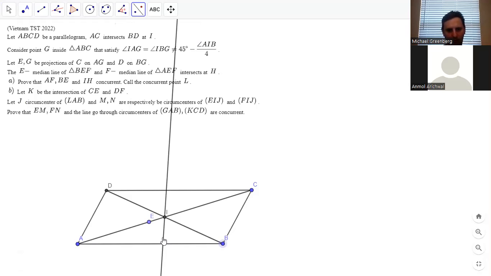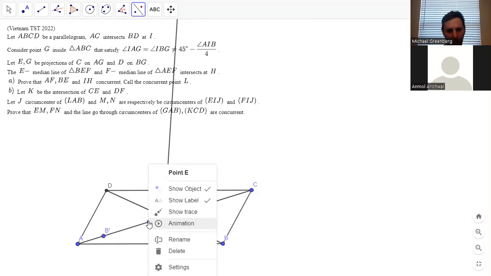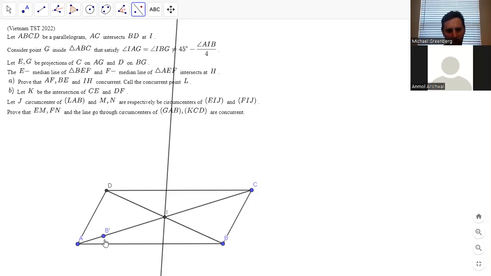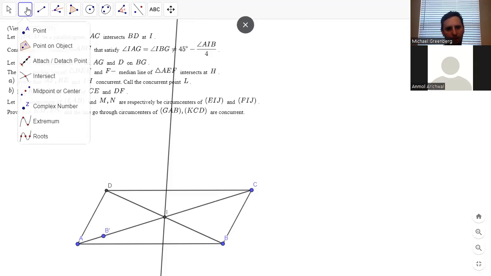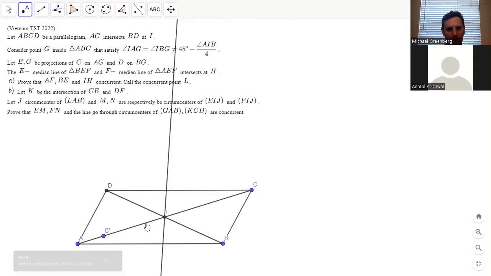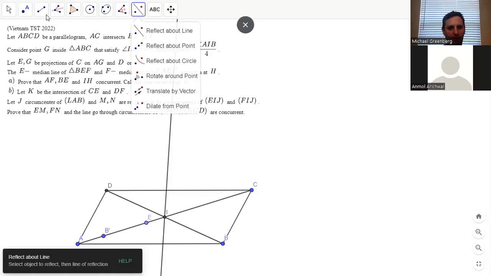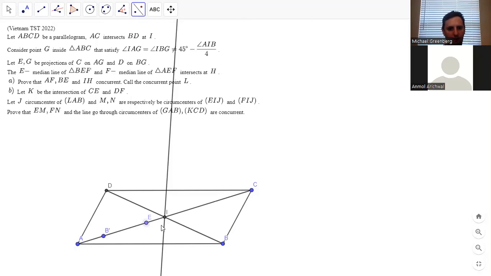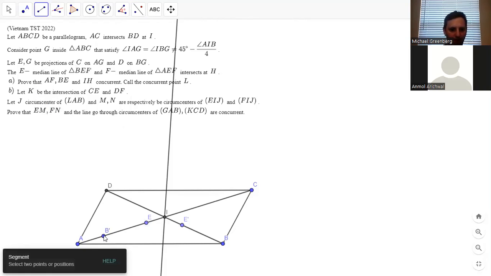Actually, let me do it like this. So I'm going to reflect E over the angle bisector. And then I'm going to draw the parallel from A to B prime E prime.